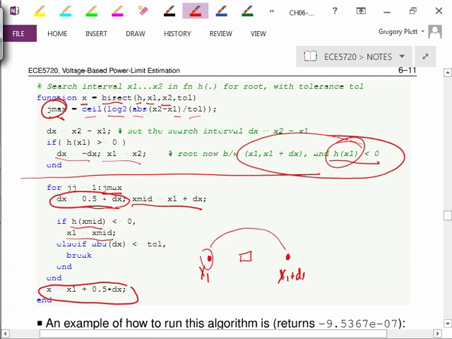If I returned x1 plus dx, I could be off by a full dx. But by returning the midpoint, I'm off at most by dx over 2. And so I get a nice accurate estimate of where that root location is.